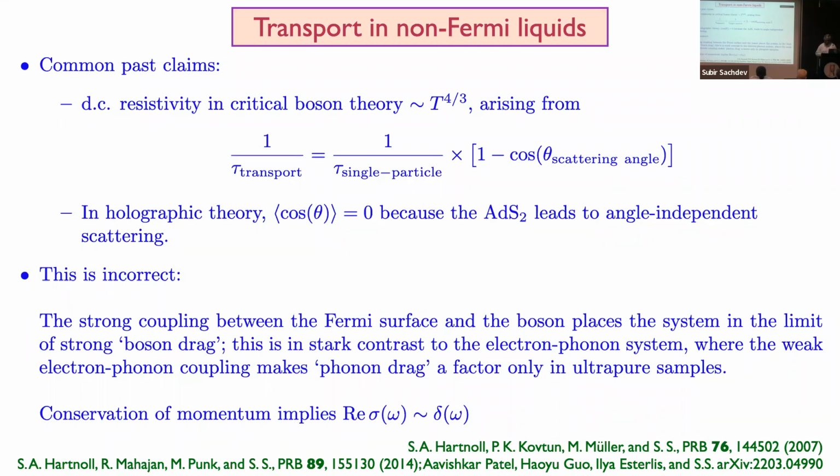Anyway, so that's the key issue, which has kind of been in front of us and why the strange metal problem is so difficult. The resistivity is the most difficult thing to compute, but the easiest thing to measure. So it's very hard to explain that, although this theory could explain many other things in principle.